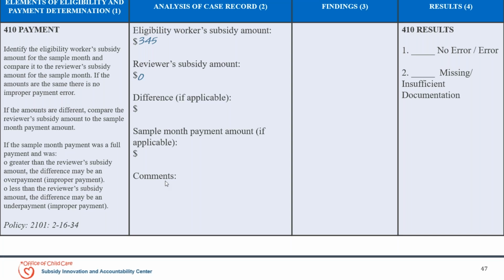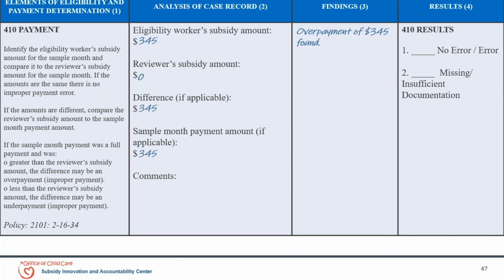So in this state, that would be considered to be an ineligible case. So we'll go ahead and complete the next two items: difference of $345, and the sample month payment amount was $345.